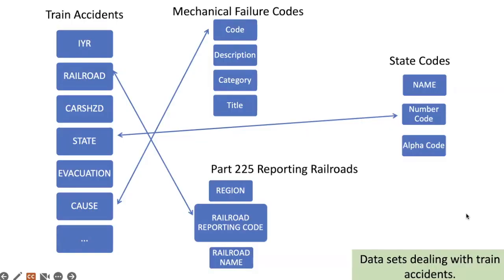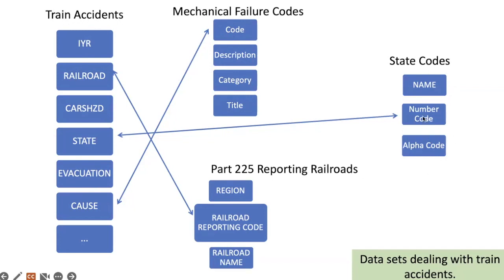The 4 data frames, the 4 tables that we are connecting appear on this slide here. You have the main data frame, the main table with all of the train accidents from 2011 to 2019. You have these mechanical failure codes, and it turns out that this code up here is linked to the cause code in the train accidents. You have the state codes over here.